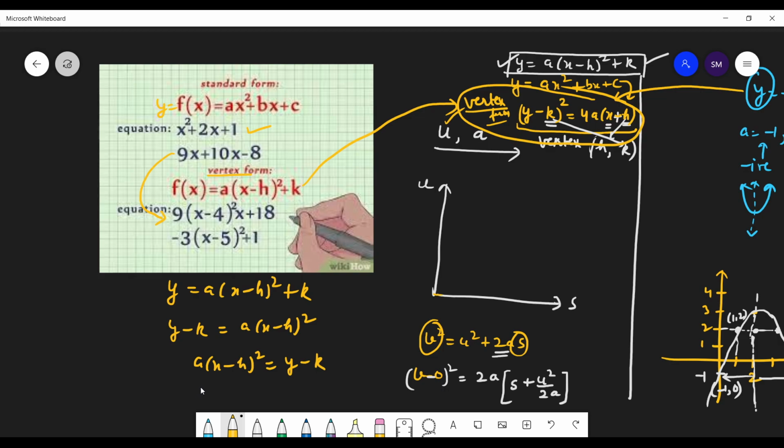And it has interchanged, I think, x and y. See, it's written in some book, so I have taken it from some book, but I think this is the valid form: a into (x minus h) whole square plus k.